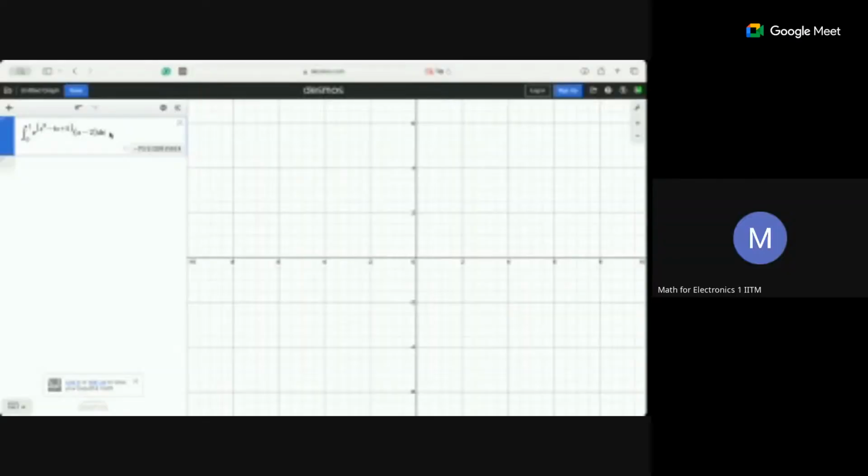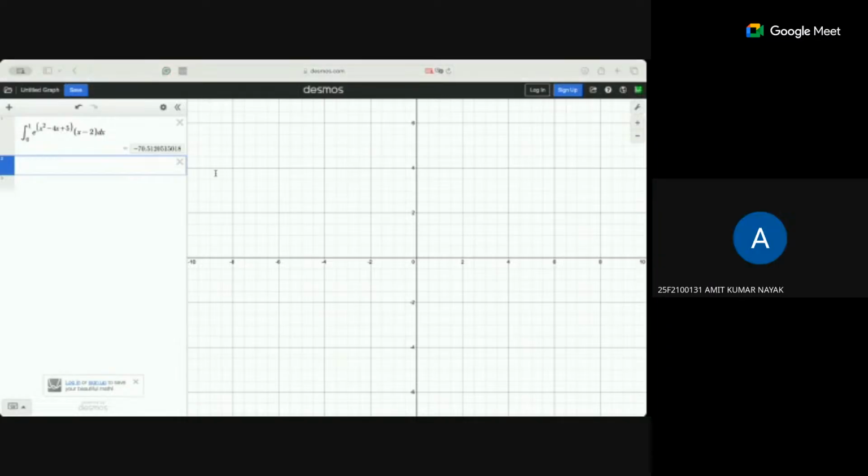I hope my Desmos screen is visible, right? Is this visible? Yes, sir. So you can see the value comes out to be blurry. Sir, I can see only your profile picture. Oh, is that so?